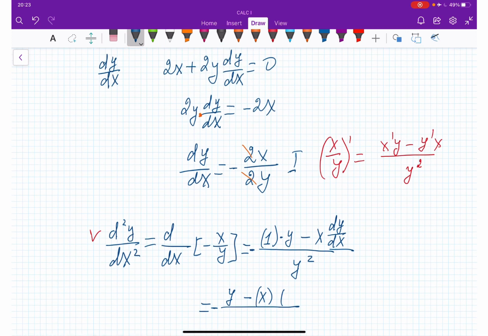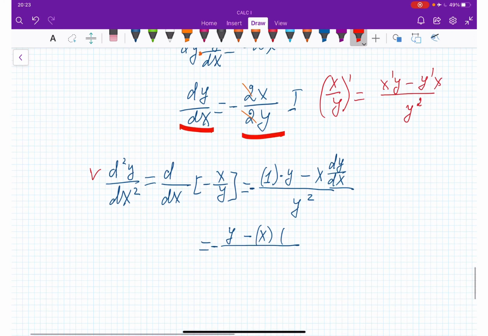Here it is. Look at that. It is equal negative x over y. So I'm plugging here, getting rid of this dy by dx. Instead of dy by dx, I'm going to plug negative x over y. See that? Okay.